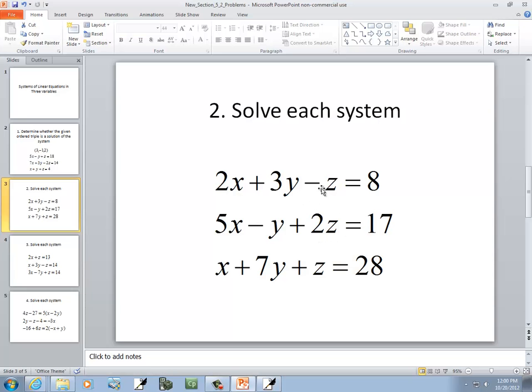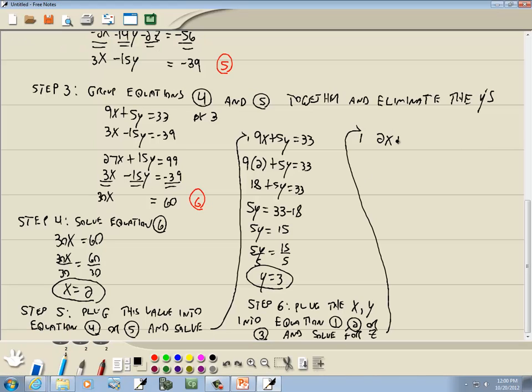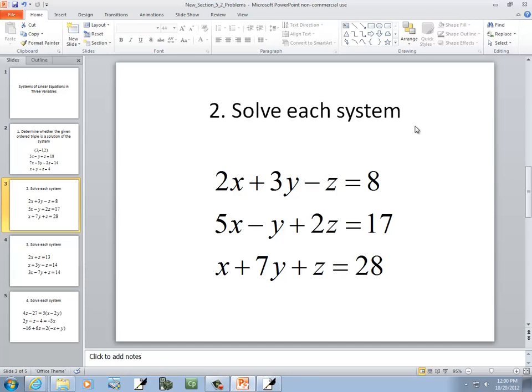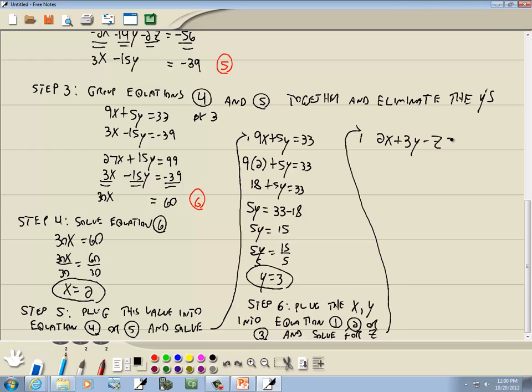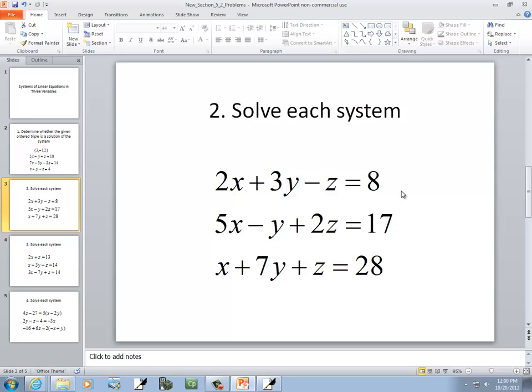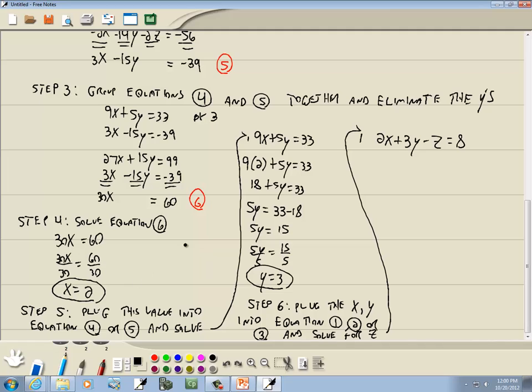What was our first equation? 2x, or yeah, that's pretty easy. It's 2x plus 3y minus z is equal to 8. Okay, now we know x. X is 2. We know y. Y is 3. Minus z equals 8. So we got 2 times 2 is 4. Plus 3 times 3 is 9.